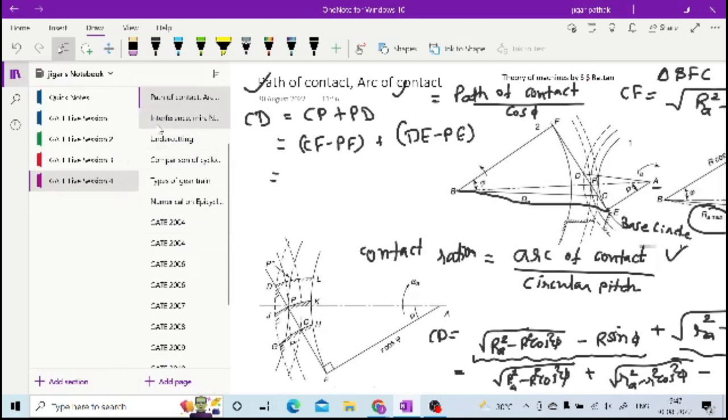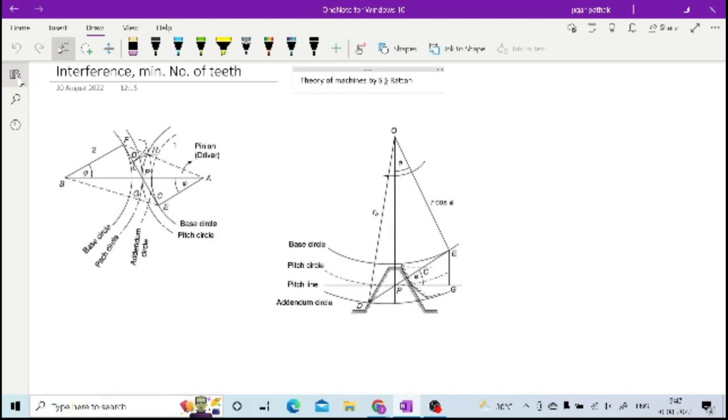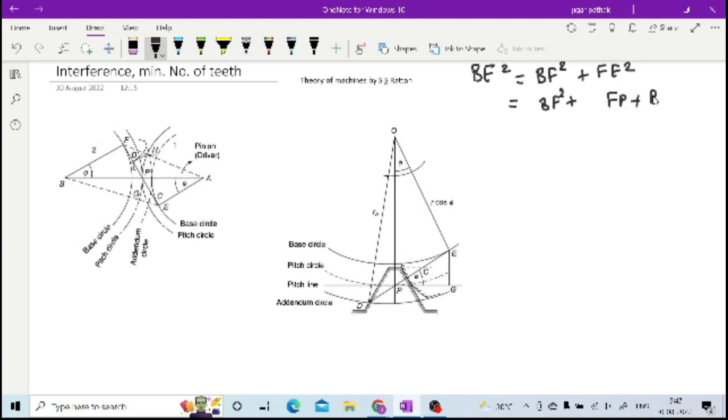Whatever minimum number of teeth are required can also be calculated from that previous figure only. It is nothing but BE square equal to BF square plus FE square. Now this BF can be written as it is, but FE can be further written as FP plus PE square.